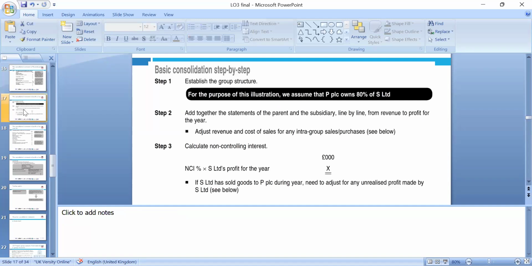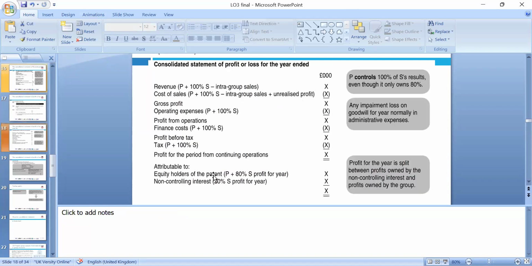Of course we can calculate the group structure, we can calculate the non-controlling interest following these steps. For the consolidated income statement, we combine all the revenue. If we have intra-company trading, like company A and B, because it is intra-company trading we need to eliminate it. Intra-company buying, we have to eliminate. Then gross profit, then operating profit of the parent and subsidiaries, then the finance costs of parent and subsidiary, then the profit before tax.